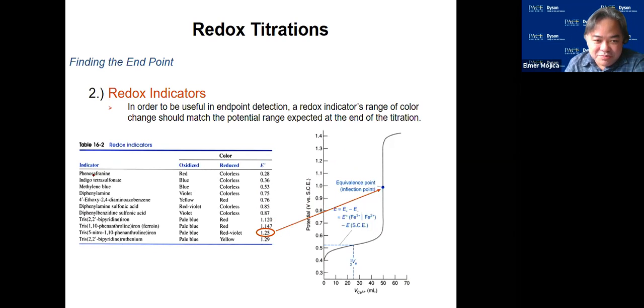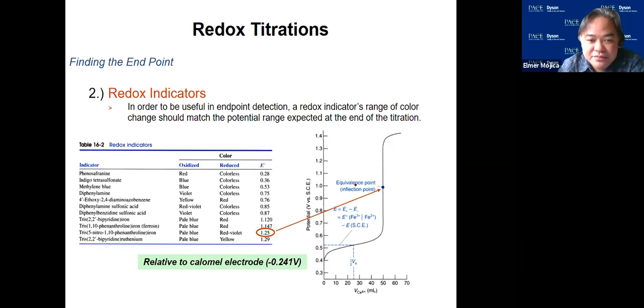So you cannot use penosapranin in this setup because it's 0.28. Maybe you can use the tris-bipyridine ruthenium in here, 1.29, but the others you cannot use at this equivalence point. And you have to take into consideration that you're subtracting these values with the saturated calomel electrode.